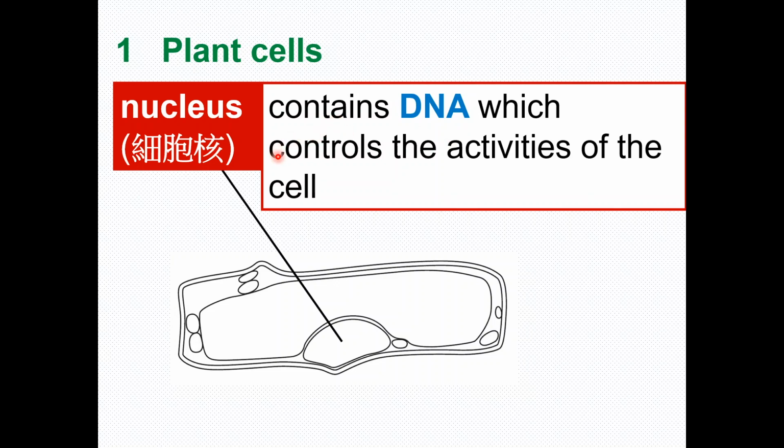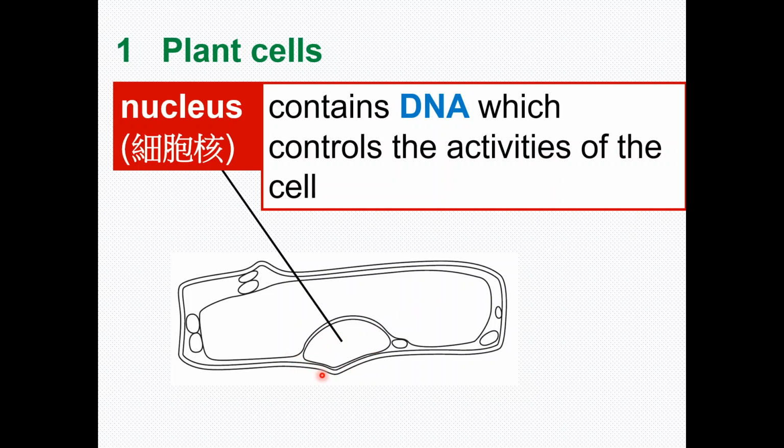So the DNA controls the activities of the cells, all the activities, everything of the cells. You can think of DNA as the boss of the cells. So the nucleus contains DNA, which controls the activities of the cell.